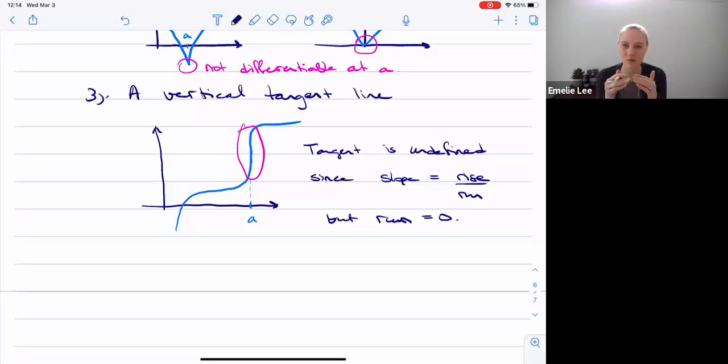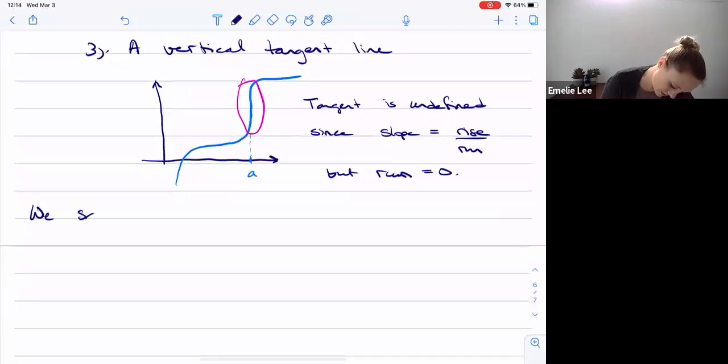There are definitely linkages here, but what we can say is that if a function is differentiable, then it's continuous at that point.